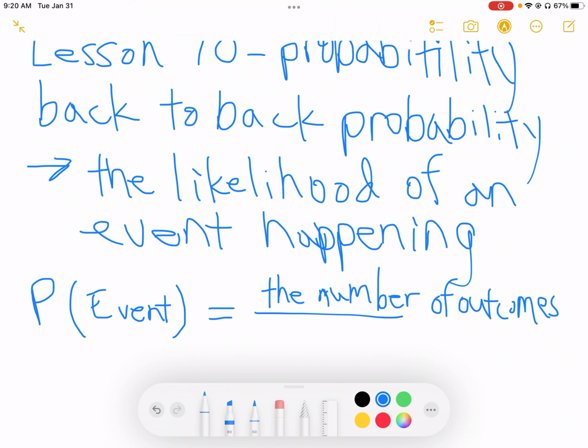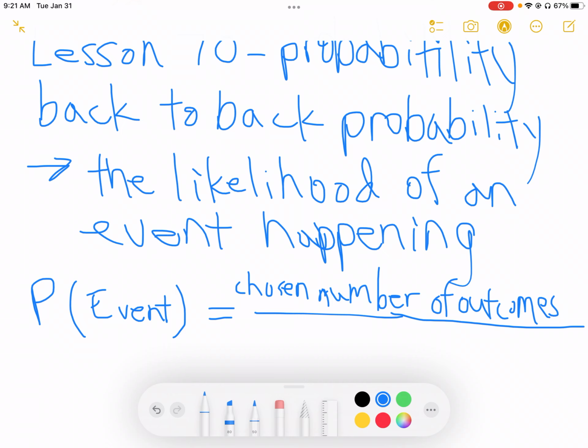The number of outcomes chosen. I'll underline this, and we'll do chosen like this. Chosen number of outcomes.